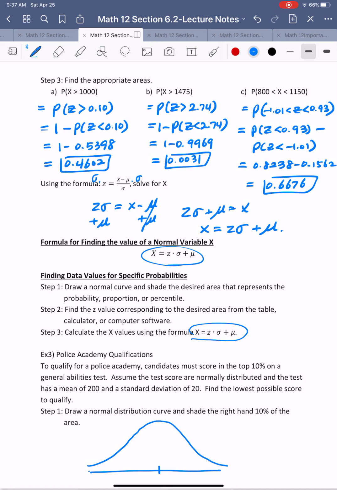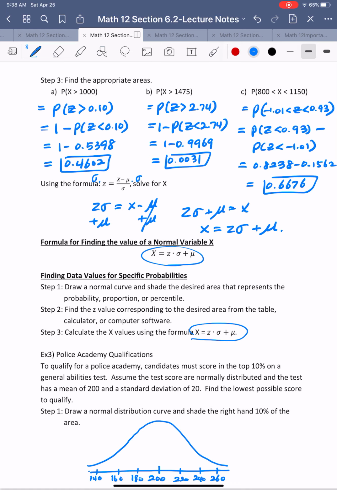The mean is 200, and with the standard deviation of 20, we have 220, 240, and about 260. And on the left hand side 180, 160, and 140. All right, so that's the normal distribution curve.